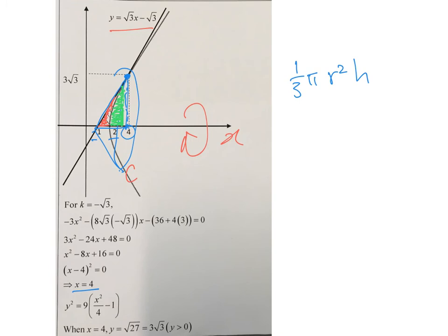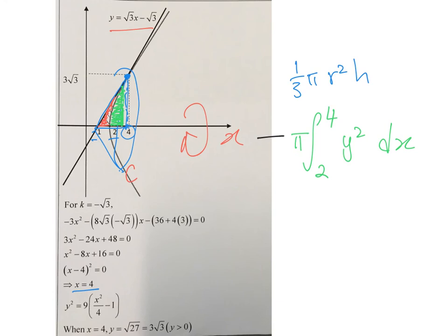Applying the integration formula for the volume of a region bounded by the curve rotated about the x-axis, we get pi integral y squared dx, and of course x runs from 2 to 4. Okay, and what we need to do now is to take the volume of the cone and subtract the volume obtained by rotating the green shaded region about the x-axis.